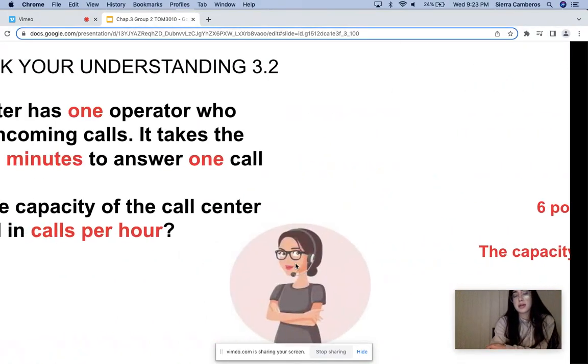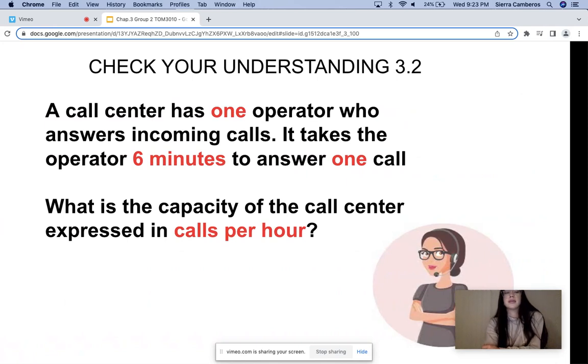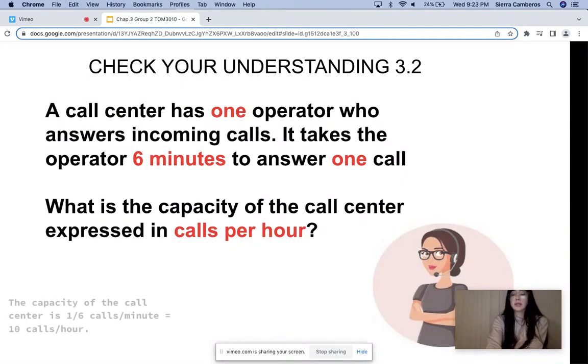And then another example is, let's say a call center has one operator who answers incoming calls. Let's say it takes the operator 6 minutes to answer one call. What would be the capacity of the call center expressed in calls per hour? So it would be kind of similar to the last one that we looked at.